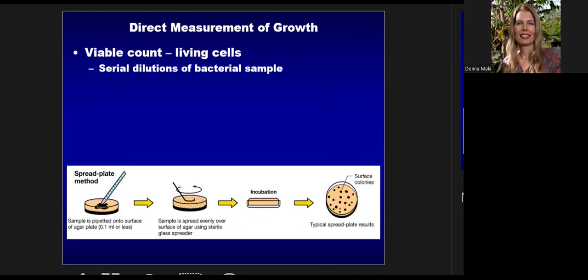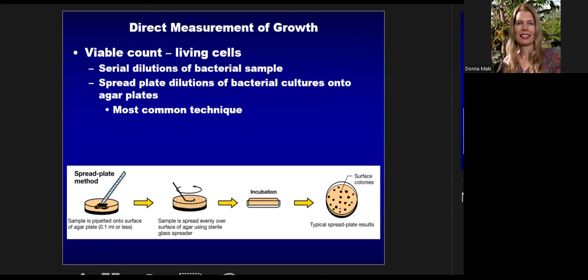You did this already in lab where you did a viable count, which is the serial dilution, the spread plate, incubate the plates. Viable means living. So you're only counting what grew up out of that sample. The viable cells were counted. So you did that.